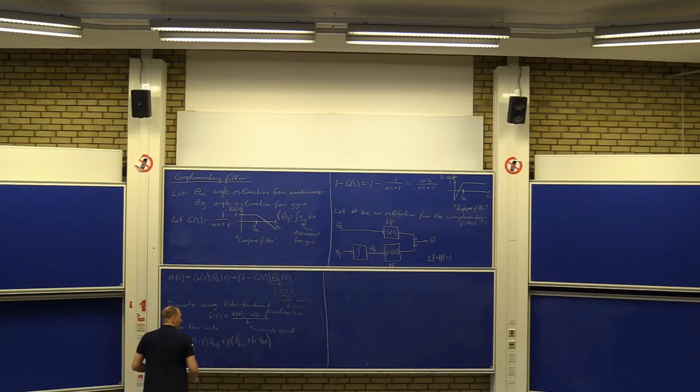Where gamma here is equal to alpha divided by h plus alpha. So alpha was the cutoff frequency, h was the sampling period. It's always larger than 0, so this constant here will always be between 0 and 1.